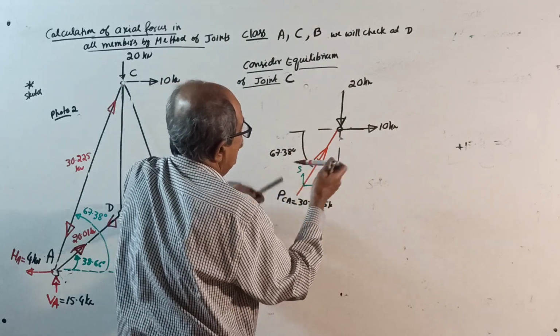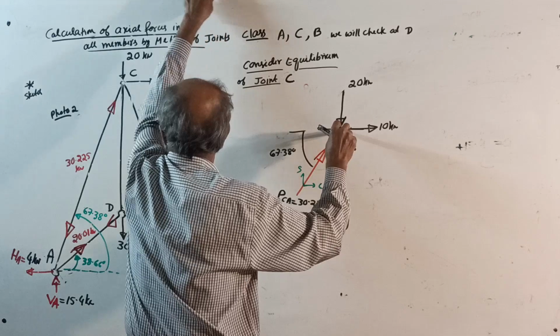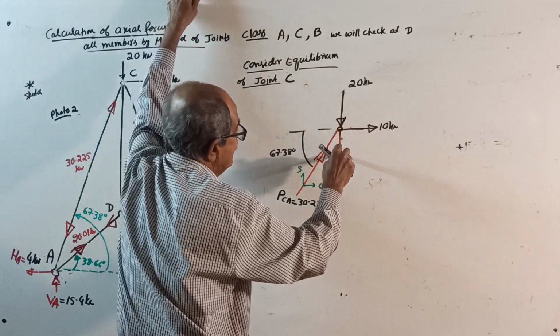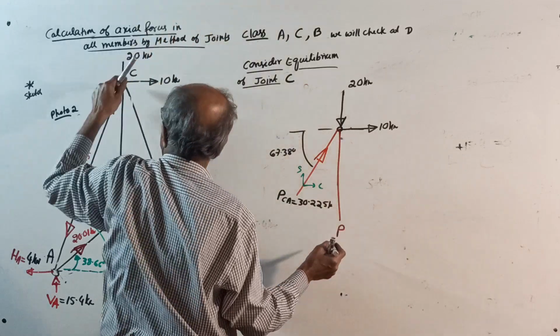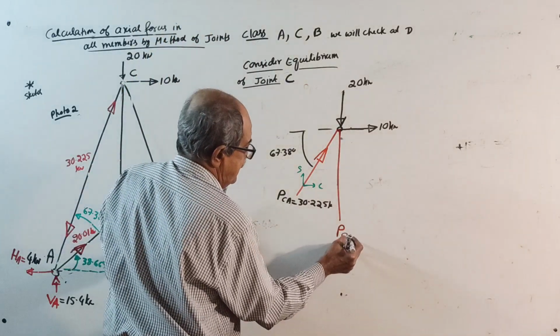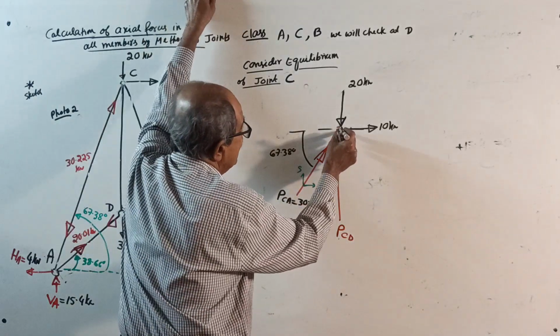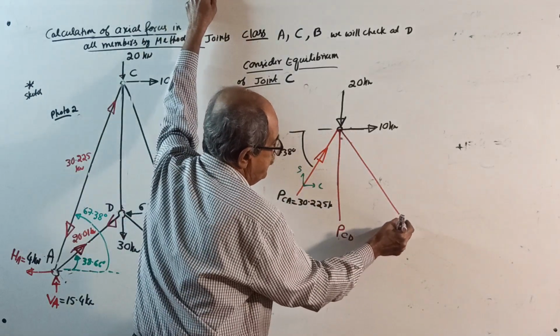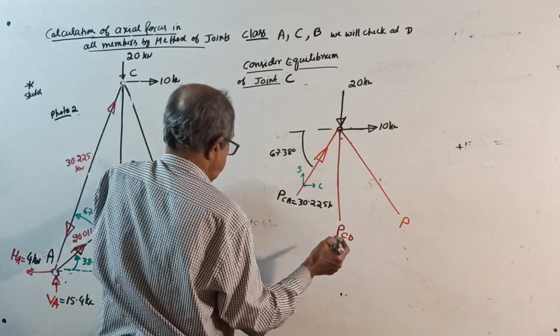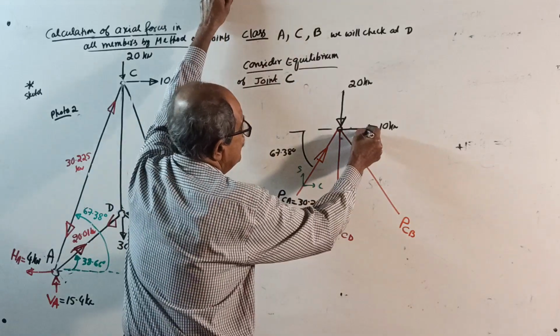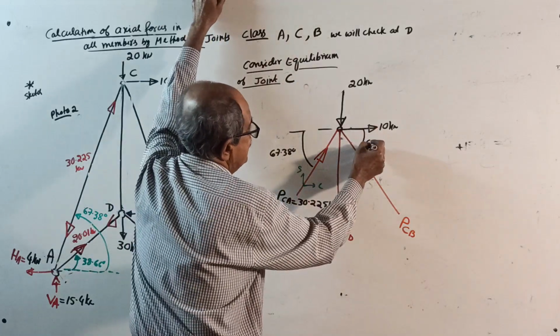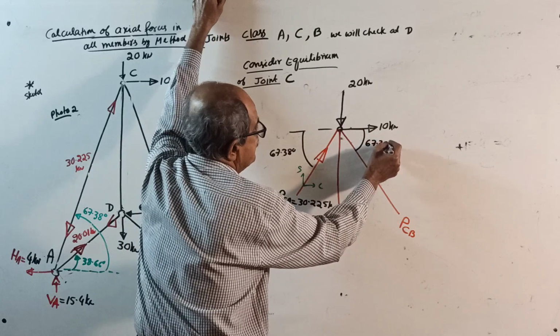One more unknown member force. One is vertical, that is PCD. The other is again inclined this way, PCB, and for that member also the angle is 67.38 degrees.